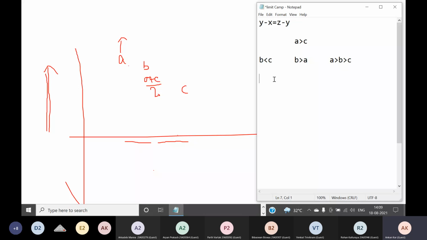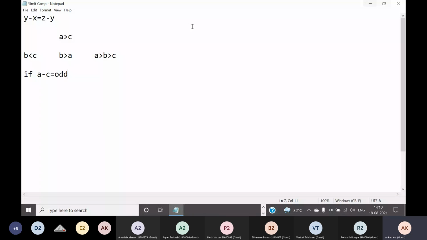The formula will be something like, suppose a and c's difference is already made even, and then if it's even, then you could just... a minus c is odd, then the... What will the formula be?